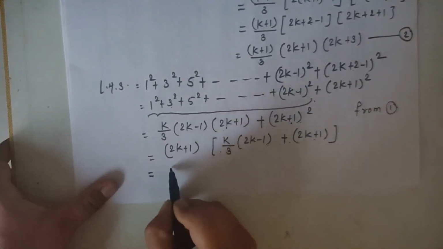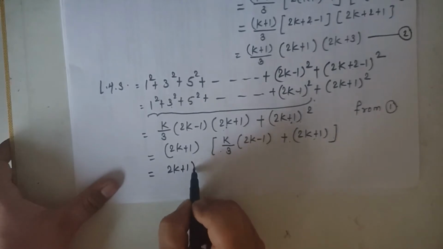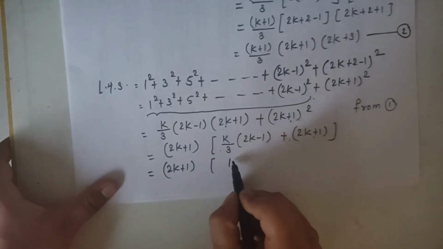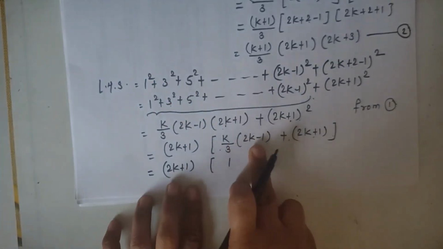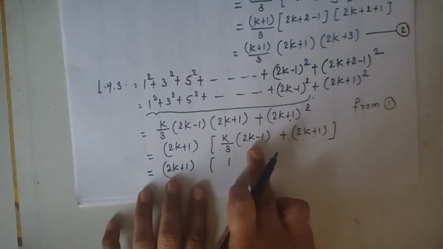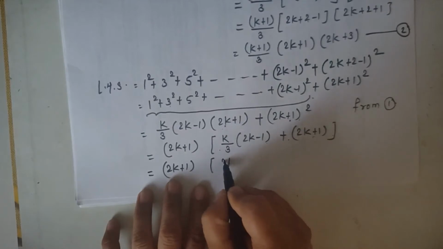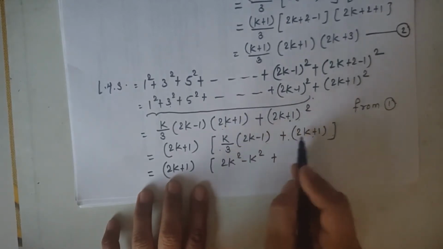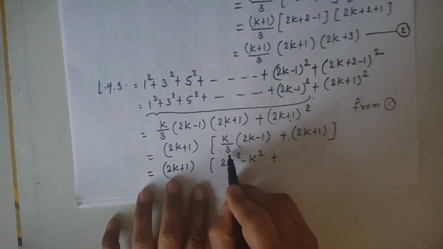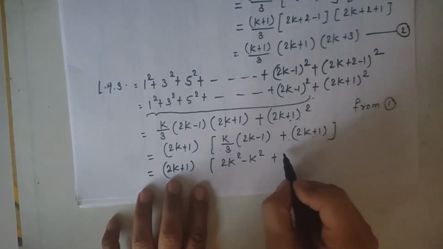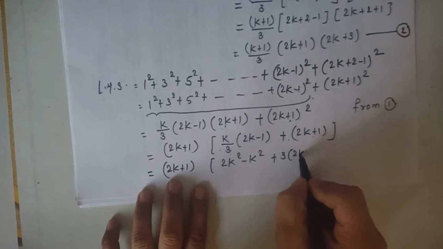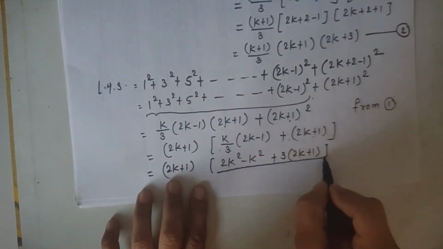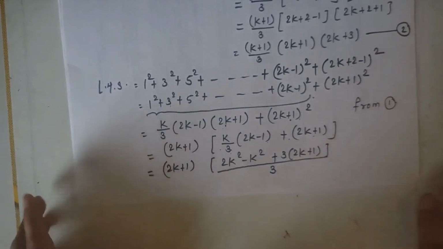Now simplifying this, 2k plus 1 as it is. Multiplying k to each term in this bracket, we get 2k square minus k, plus taking cross multiplication of 3 into (2k plus 1), so write here 3 into (2k plus 1) upon common denominator 3.